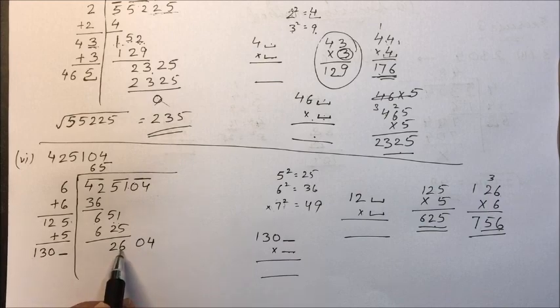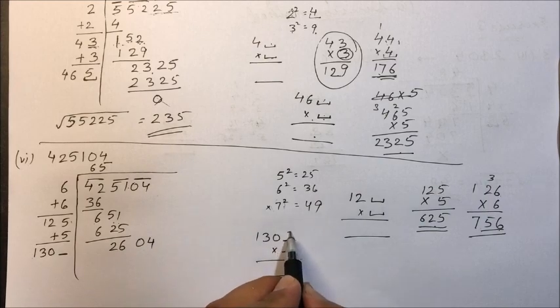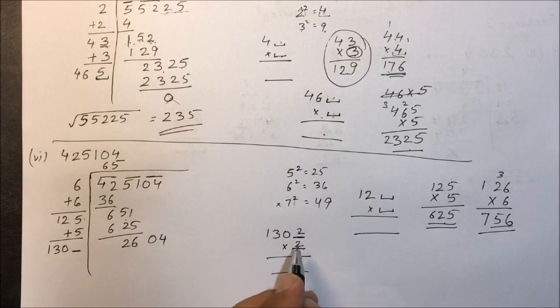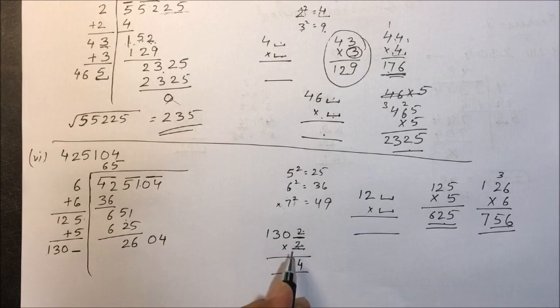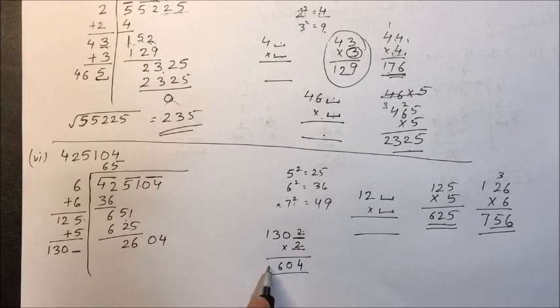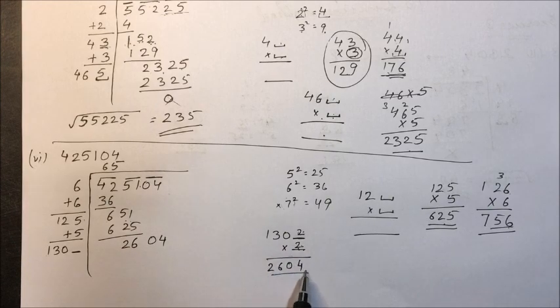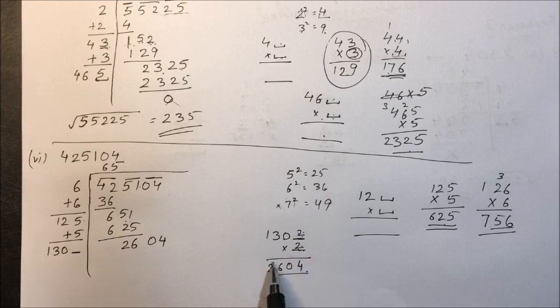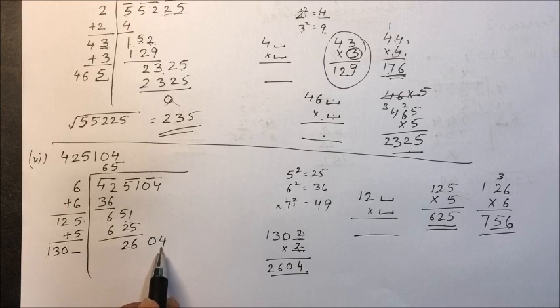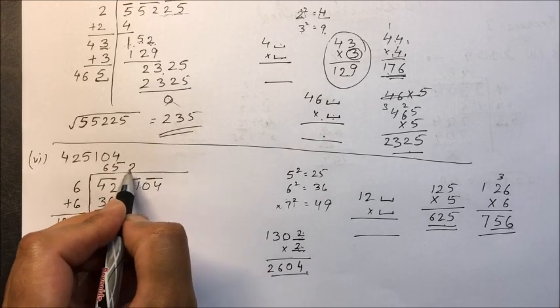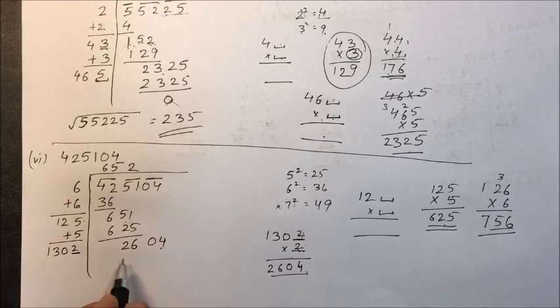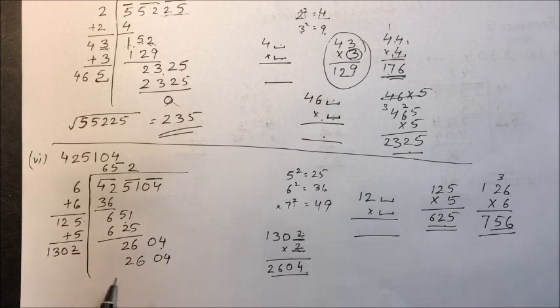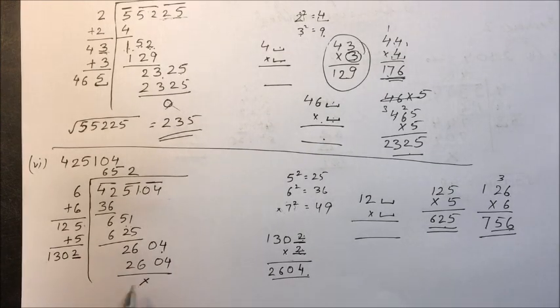13, 2s are 26. So if I go with 2, 2 2s are 4, 0, 6, 2. We are getting the product of 1302 and 2, and this product does not exceed this number. So we are going with 2. Here write 2, 2604, and the remainder is 0.